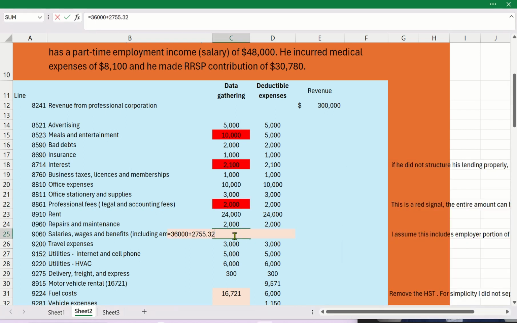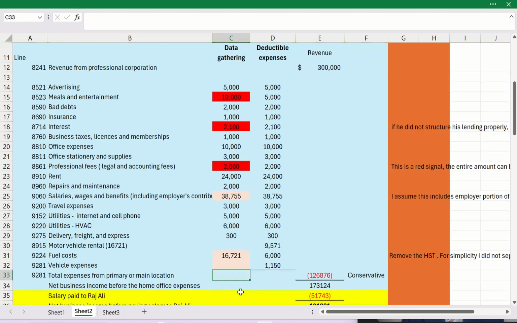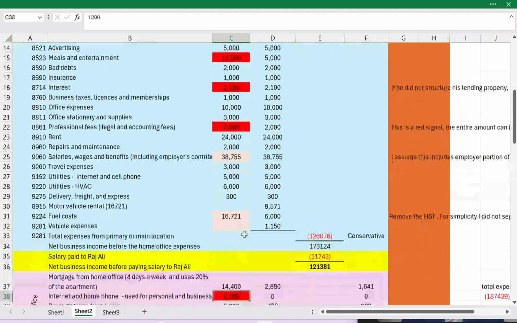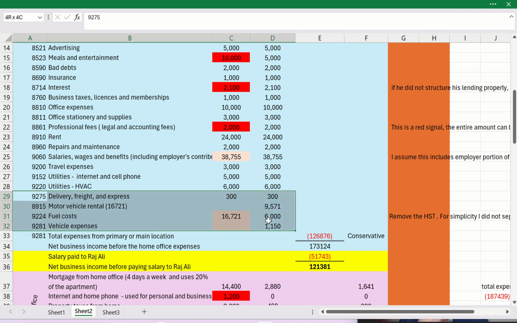This is the salary for the employee, and these are the vehicle expenses that he had in this self-employment structure. I kind of broke this down to a few cells right here.